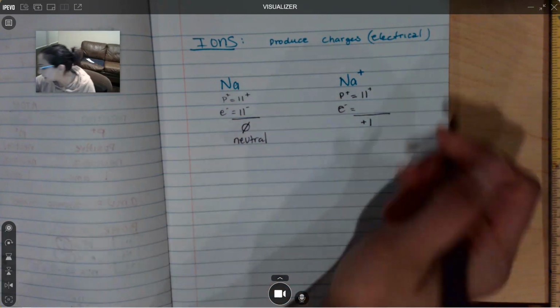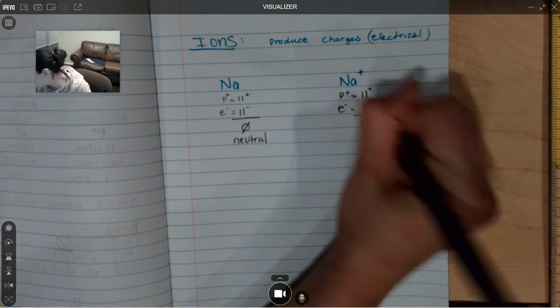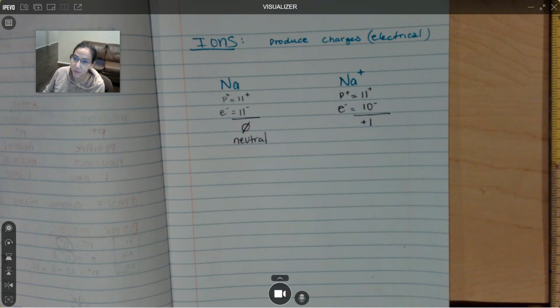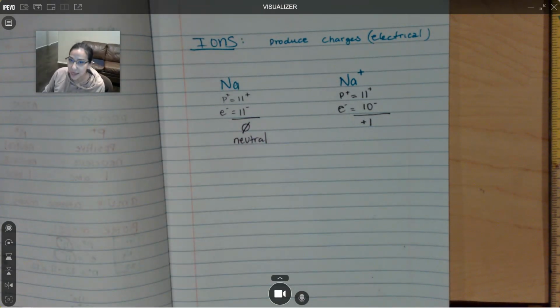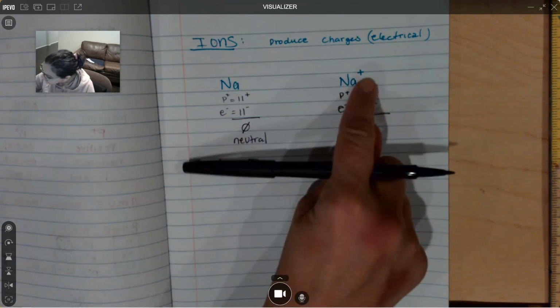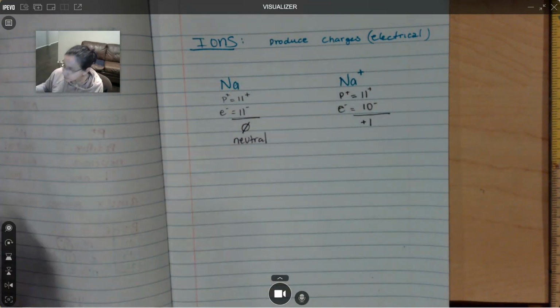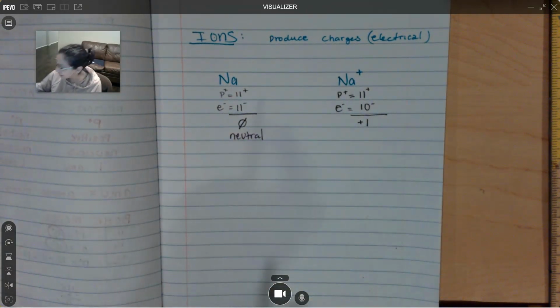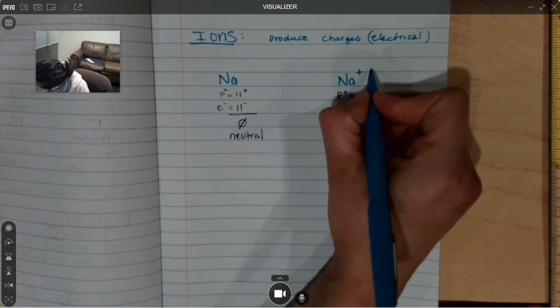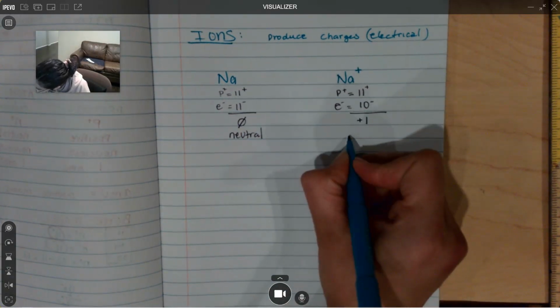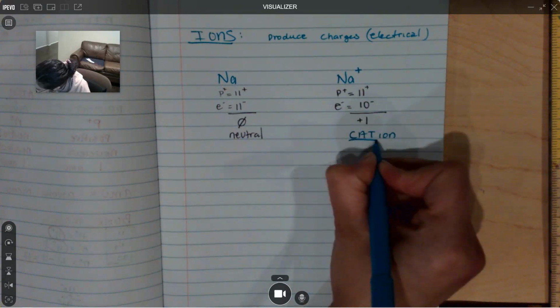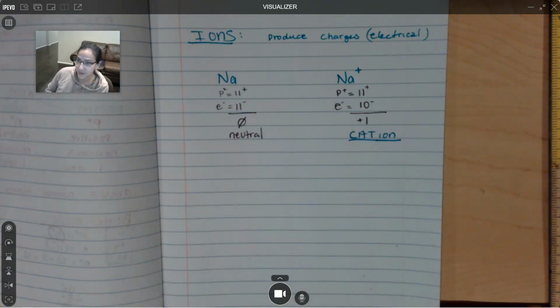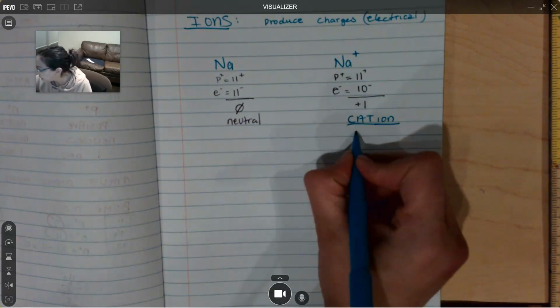Well, 11 plus negative 10 gives me a positive 1. And that's how we end up with that charge: we have 1 less electron. By the way, something that is positively charged is called a cation.